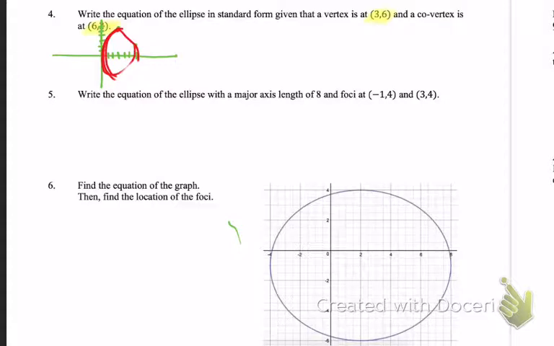Okay, so I have a vertex at 3, 6, and I have a co-vertex at 6, 2. Just by looking at the picture, the center of my ellipse is going to be in the middle of these two points.